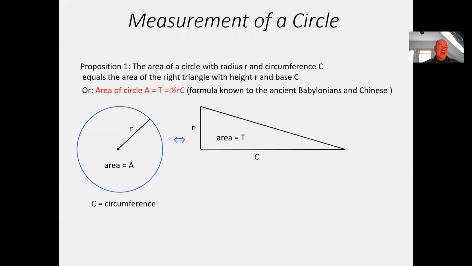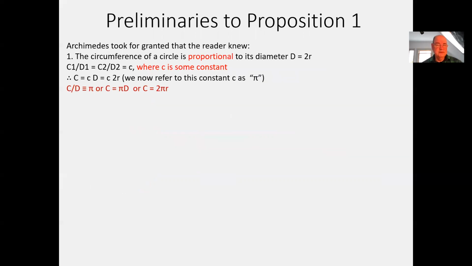Okay. The area of the circle will equal the area of the triangle, T, which is 1/2 the base, C, circumference, times the height, which is R. Okay, that's his proposition. So let's see how he proves this.